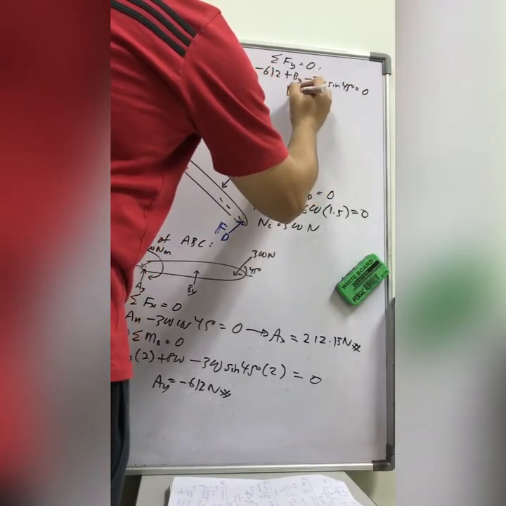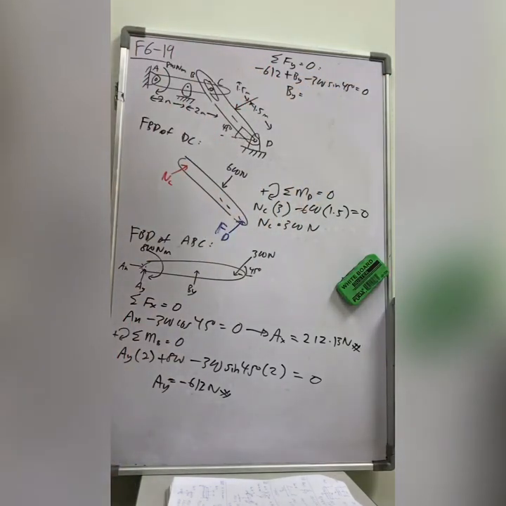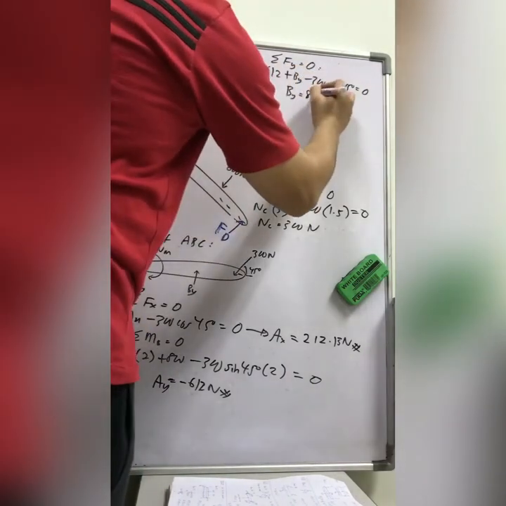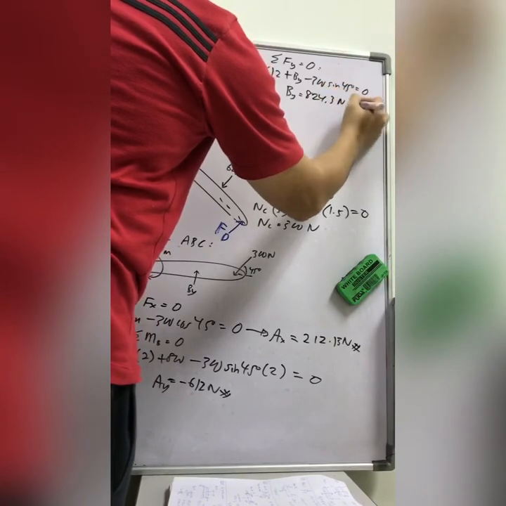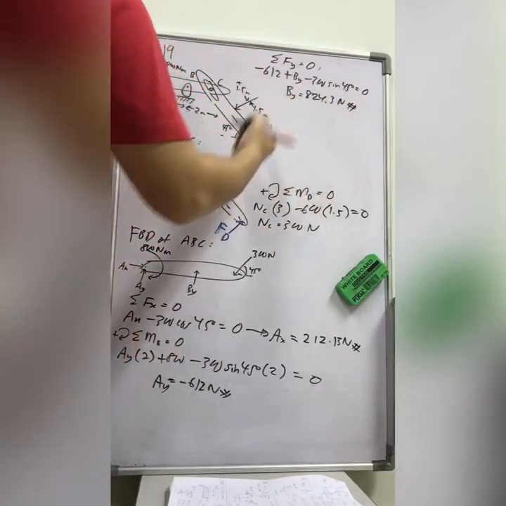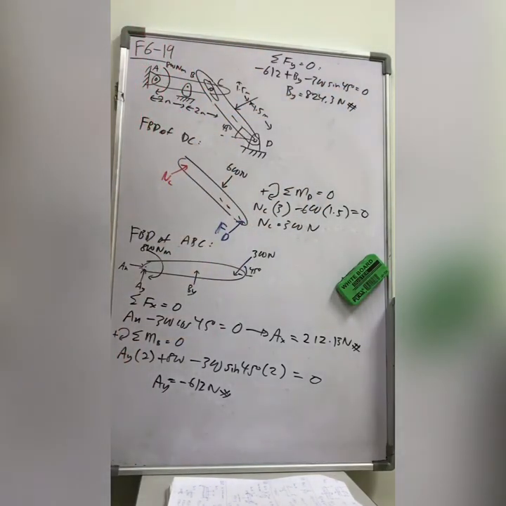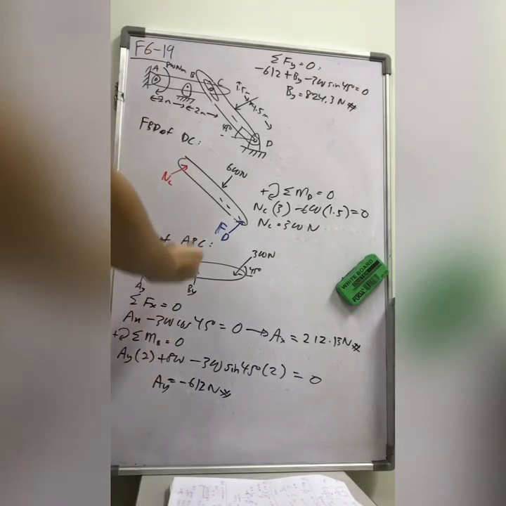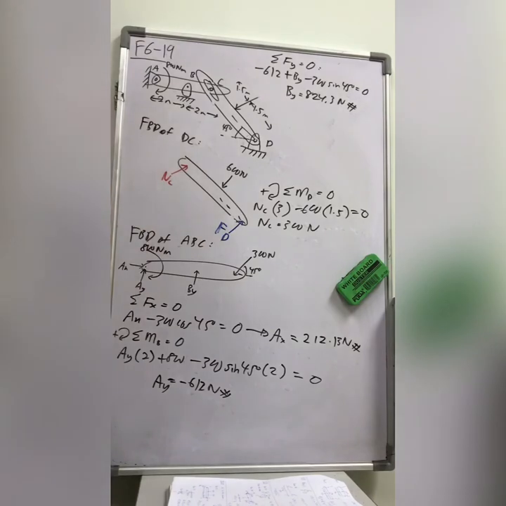You solve this, you get your BY equals to 824.3. And you got positive from here, do you know that your BY is actually positive? I mean, BY going up, AY going down.